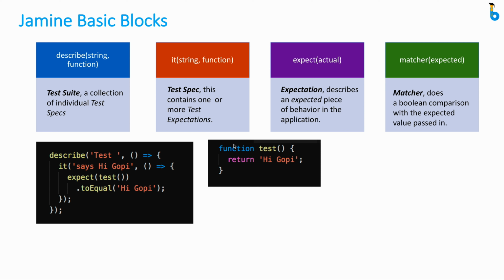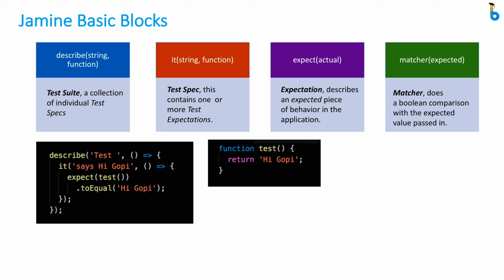Here, if you see, it contains describe, which is a test suite, and it contains it that says "hi gopi". It's called a test spec, and it has expect, that contains the test function.